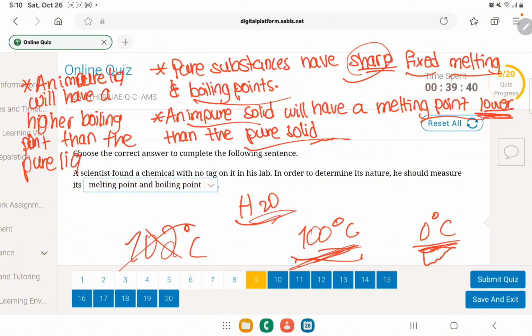Yani if you have an impure solid and we melt it, it's gonna be lower than 0, yani -3 or -15 degrees Celsius, okay? And an impure liquid will have a higher boiling point than the pure liquid. Yani it's gonna boil at like 102 or 115 or something, okay?